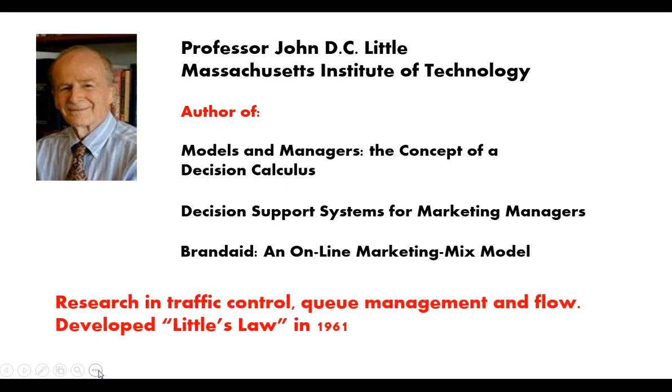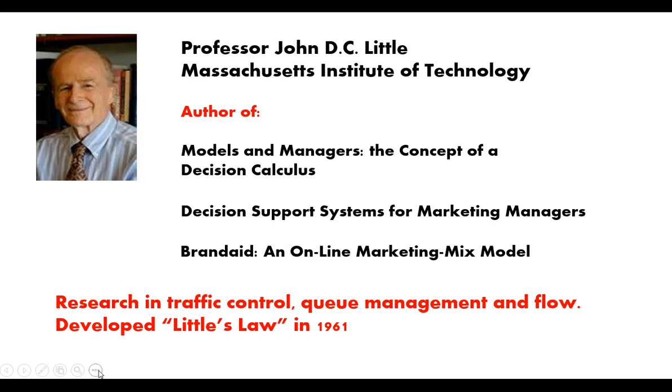So a lot of his research dealt with traffic control and queue management, and he actually developed something that I've been avoiding saying the name of for the length of this video so far. He developed something called Little's Law back in 1961.